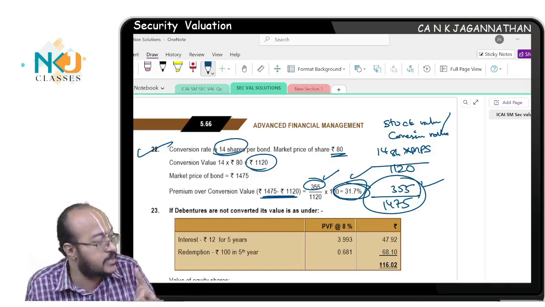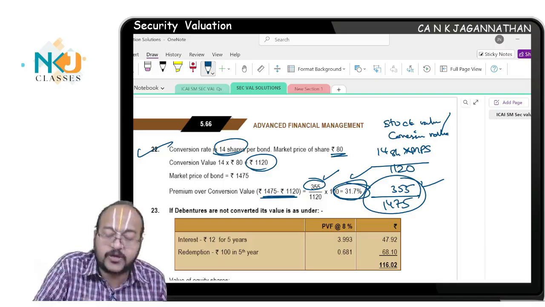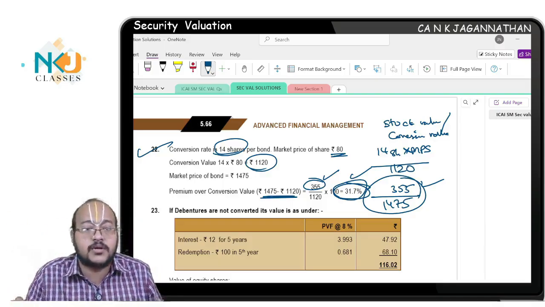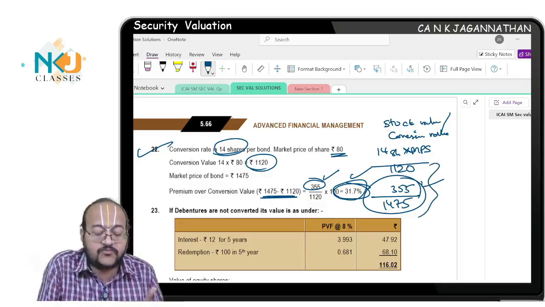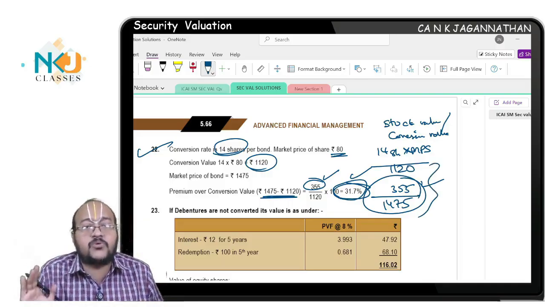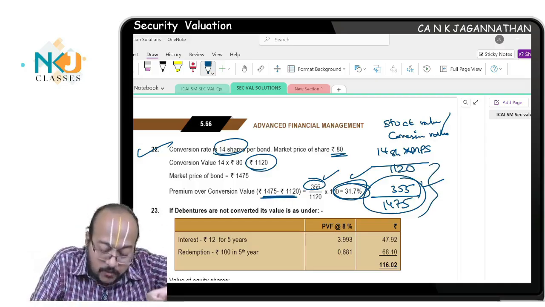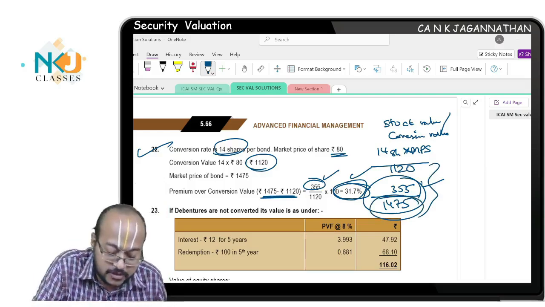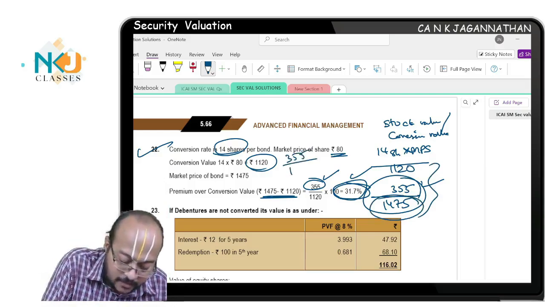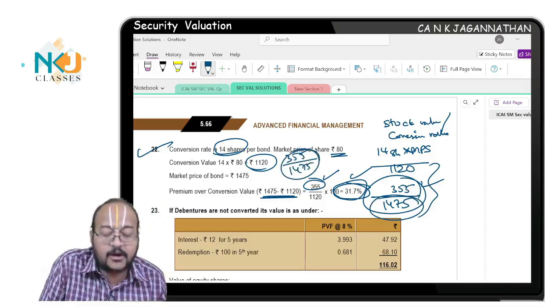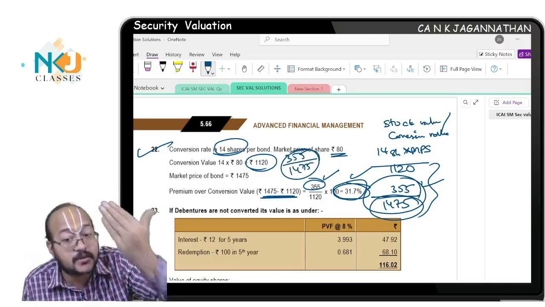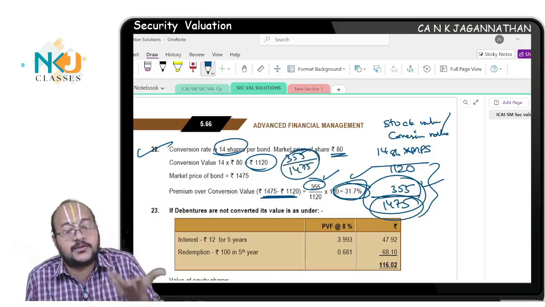Are you understanding what I am trying to say? Also compute for the market price, which means 355 divided by 1475 also you do. Find out the premium percentage. If that percentage is given in one of the choices, select that choice. Are you all understanding? Select that choice.